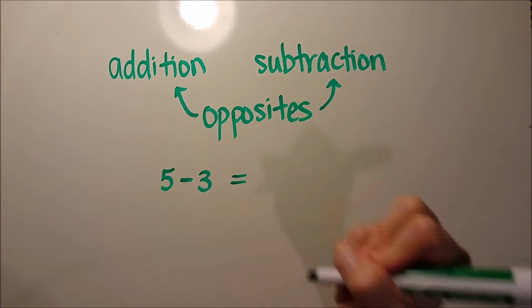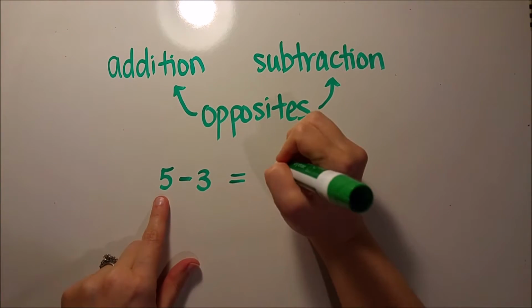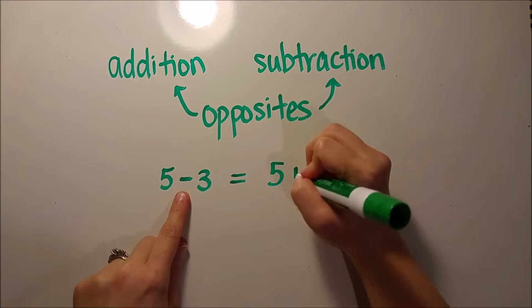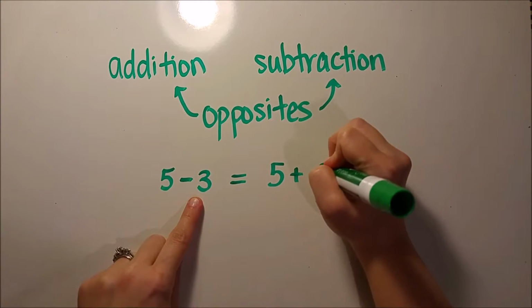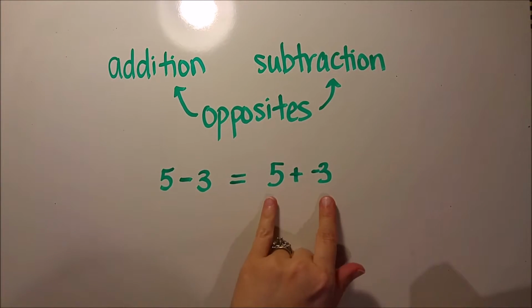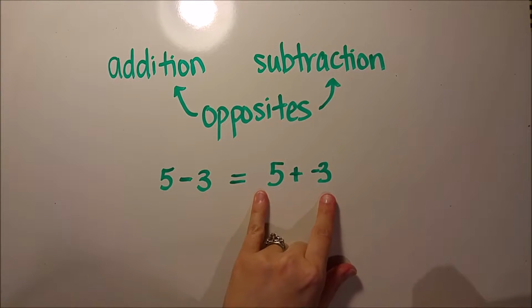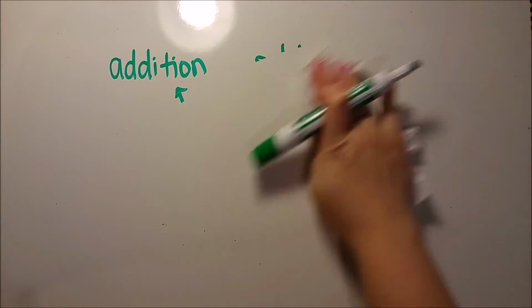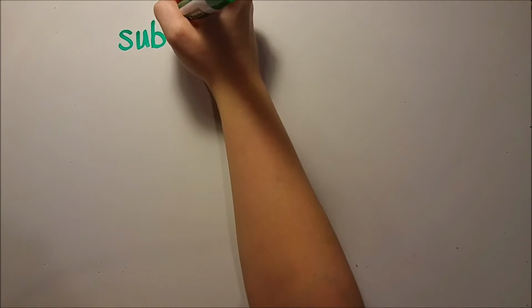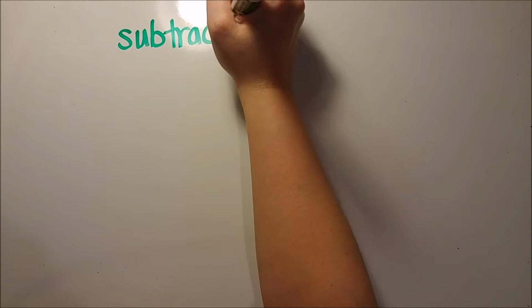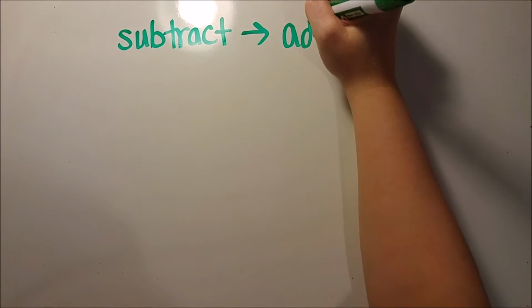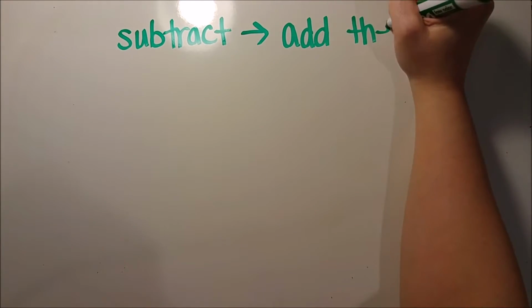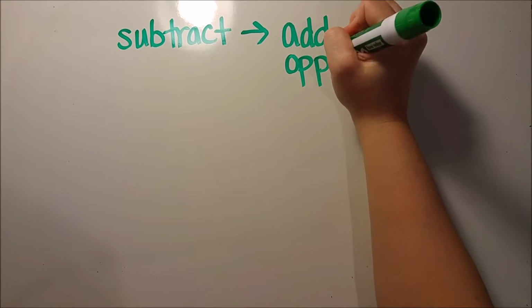So this will equal 5 plus a -3, right? Since the signs are different, we'll be subtracting them anyways. Okay, so when you subtract, you can add the opposite.